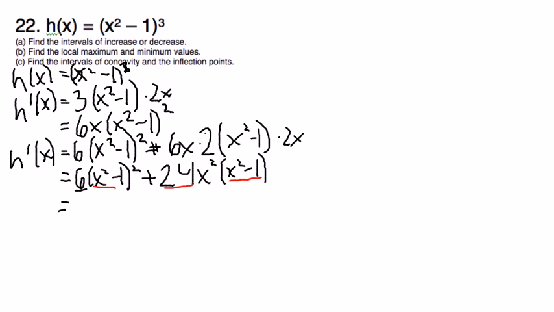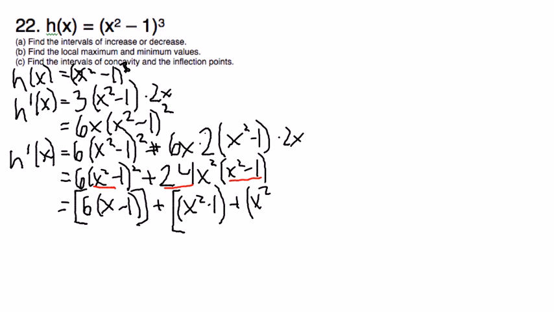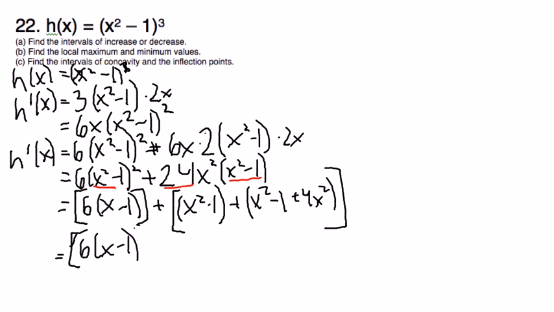We'll take brackets 6 times (x squared minus 1) plus, and you see that it was squared right before, so we need to say plus what was in the parentheses, which is x squared minus 1, plus 4x squared.